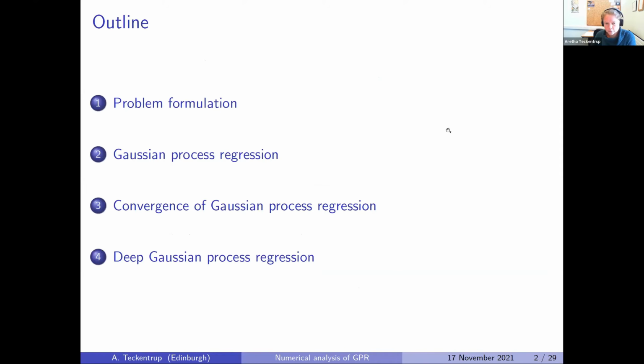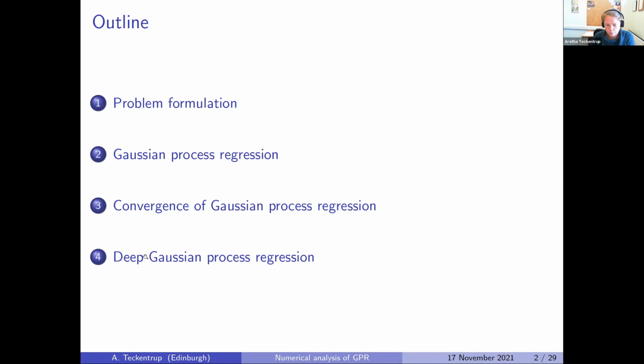So this is the outline of my talk. I'm going to start with just giving you the problem formulation, just explaining to you what problem I'm interested in solving, and then explain how you can do that using Gaussian process regression. That would be the way that we solve this problem that we're interested in.